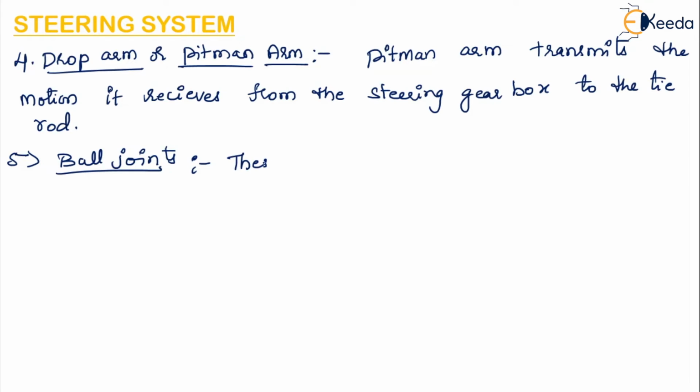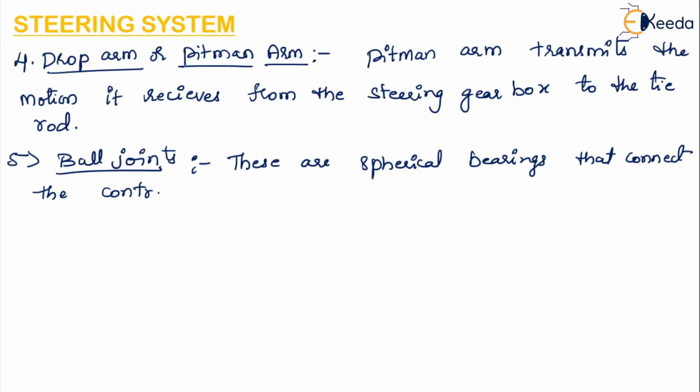So these are spherical bearings that connect the control arms to the steering knuckles.